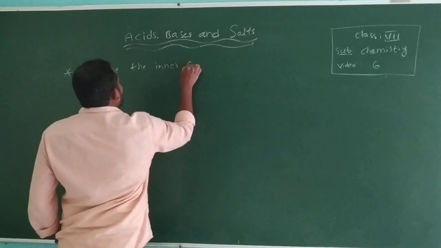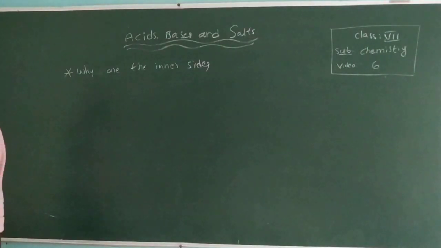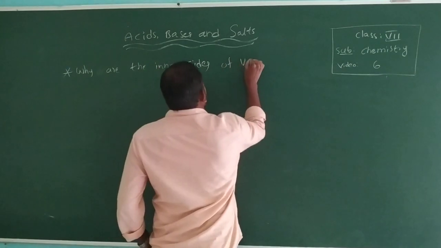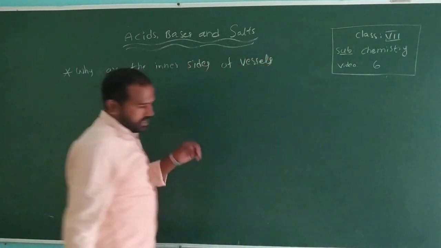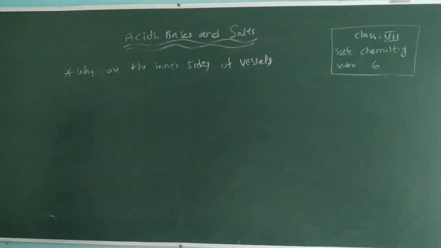Next, a small column is there. Do you know why the inner sides of vessels made of brass and copper are coated? This is an important question.